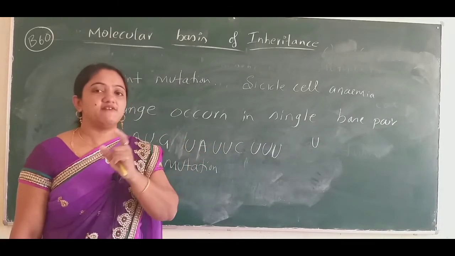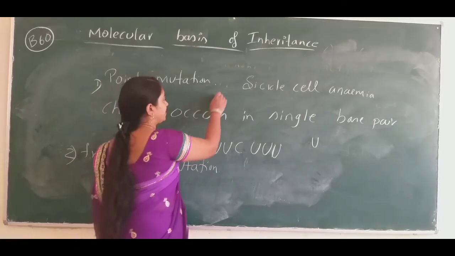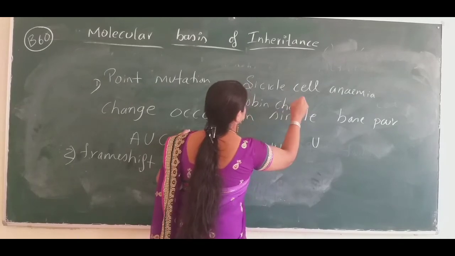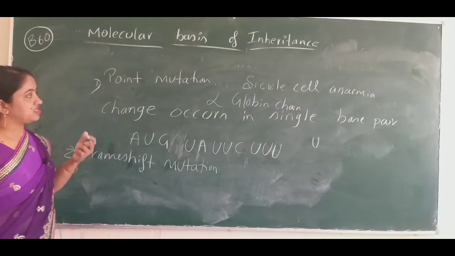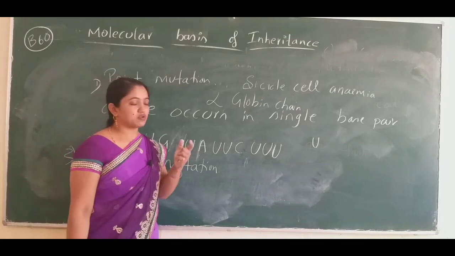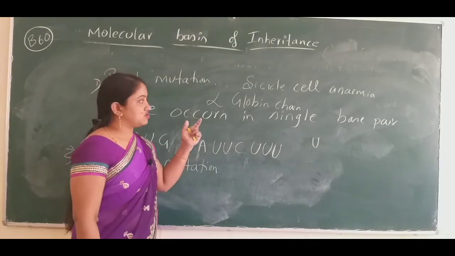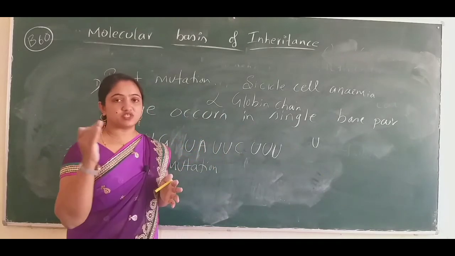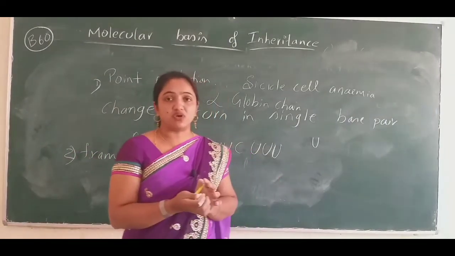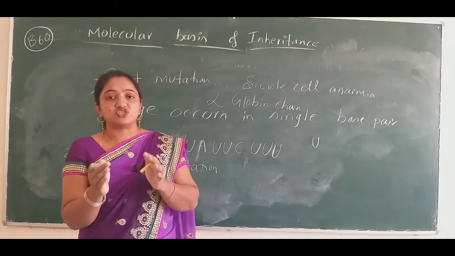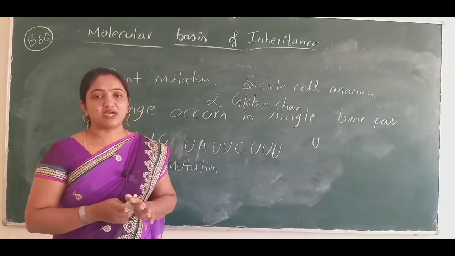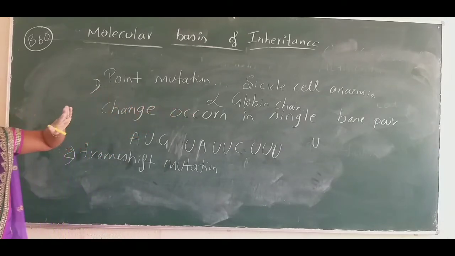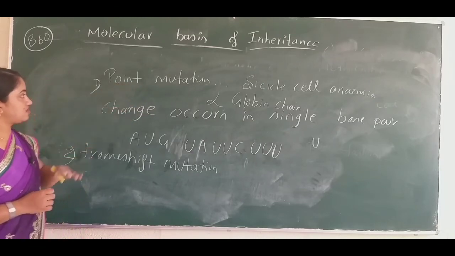Glutamate is replaced by valine in the beta globin chain. In the beta globin chain, the gene or the base pair gets replaced. Because the change takes place in the base pair, the coded amino acid also changes. Instead of glutamate, valine is coded in this beta globin chain. So that is one example of point mutation.